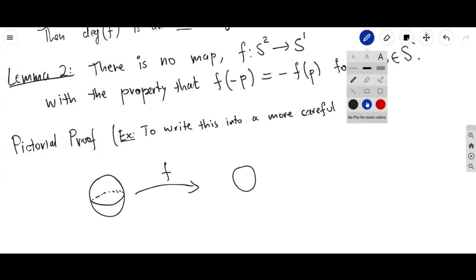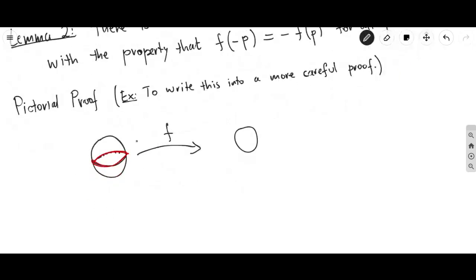Now, look at the equator. Maybe I should use a different color. If we restrict everything down to the equator, then we have a mapping from the equator to the circle.